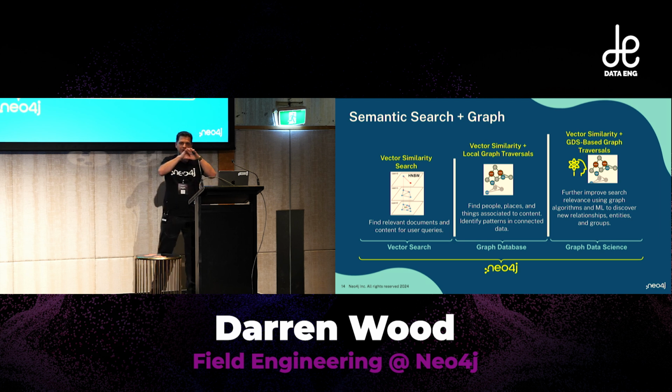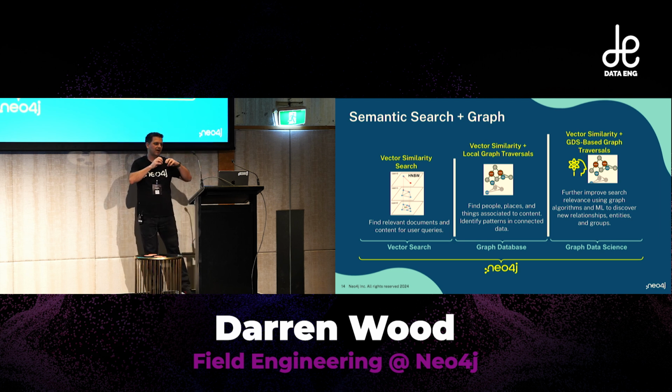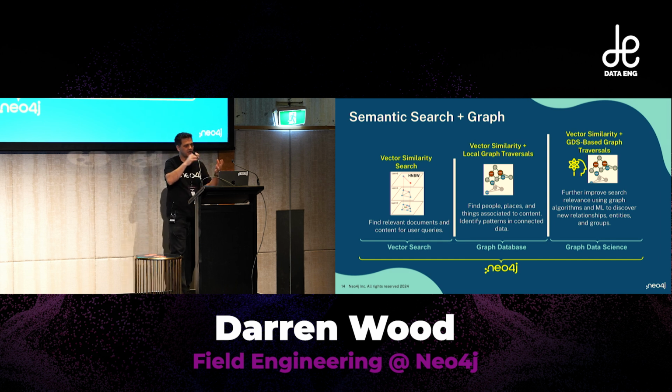And so we have components for all three of these kind of pieces of the path. Obviously, we have vector search built into Neo4j, and Neo4j, of course, is a graph database, so we have knowledge graphs built in, and we can do very efficient, very performant traversal type queries to back and augment those semantic search features.